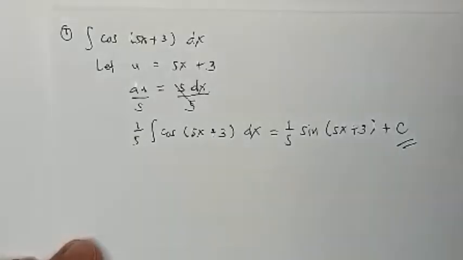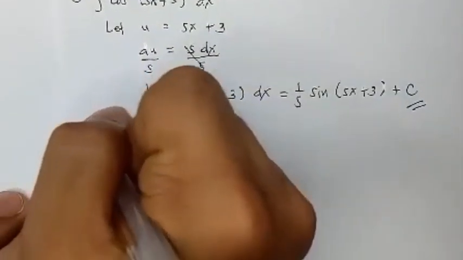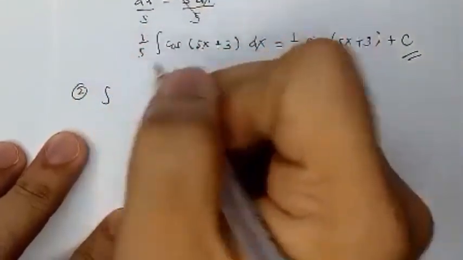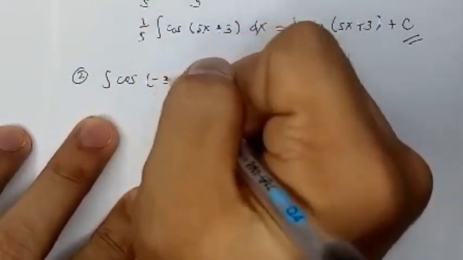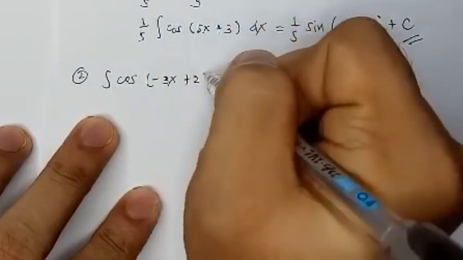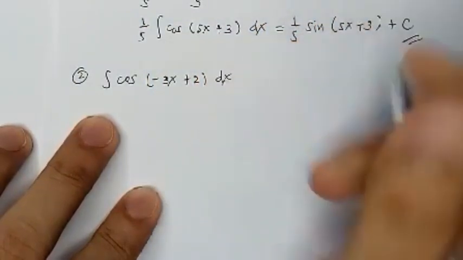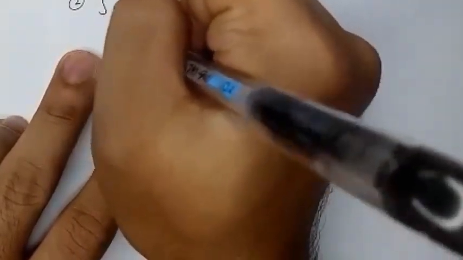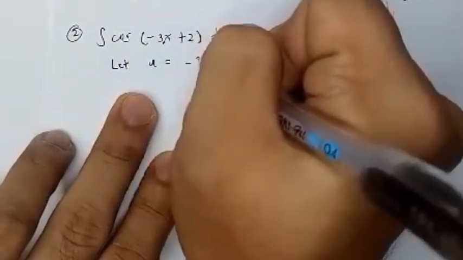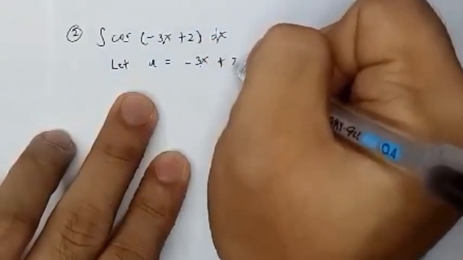If we take another example, we have the indefinite integral of cosine quantity negative 3x plus 2 dx. Again, from our steps, from the given function, let u equals negative 3x plus 2.